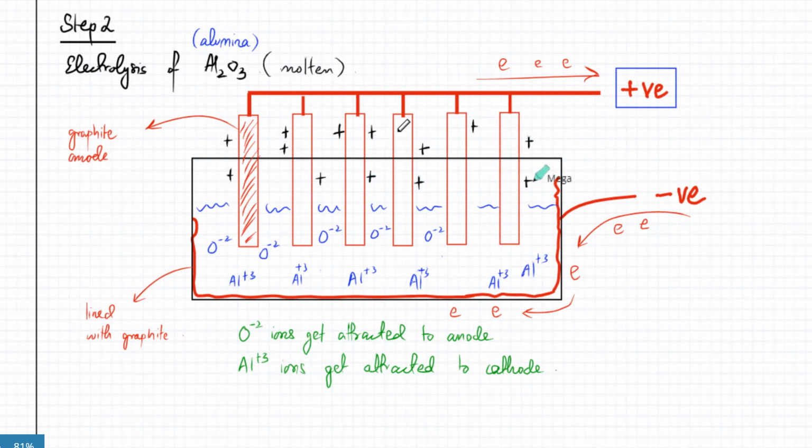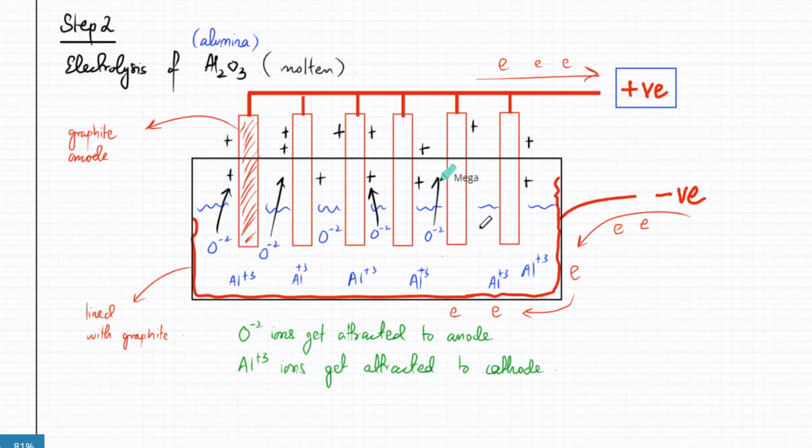So the O-2 ions will all be attracted to that. And the O-2 ions will start to lose electrons. The battery will start pulling electrons away from them.